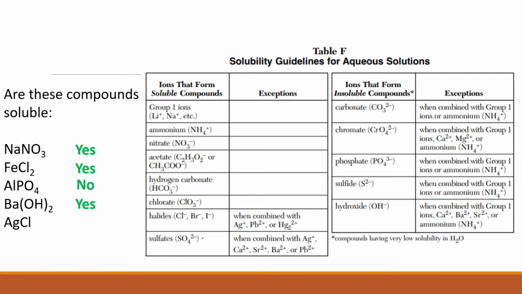We already know where chlorine is, because we had it in a previous problem. So chlorine is normally soluble, but silver is an exception, so it is paired with an exception, meaning it will do the opposite of the thing it normally does. Right, so it will be insoluble. It will not dissolve in water.